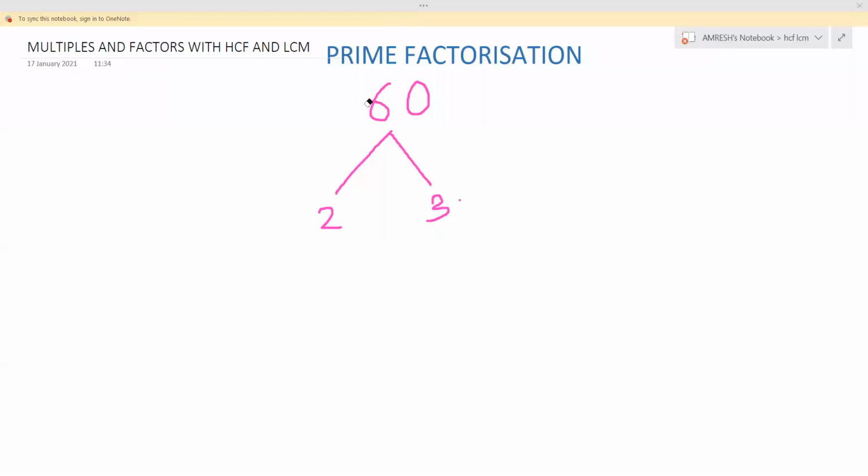I have already revealed it. 72. Okay, try with 72. I'm revealing the answer now, but you can pause and try it. So now we will try with 72. I hope you all must have completed. So first you divide with 2.